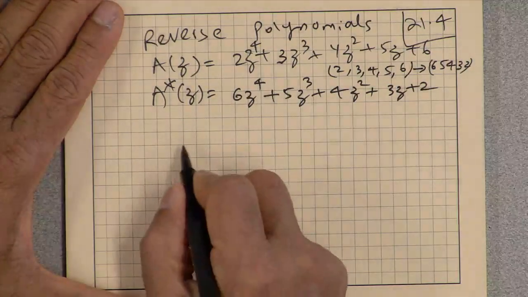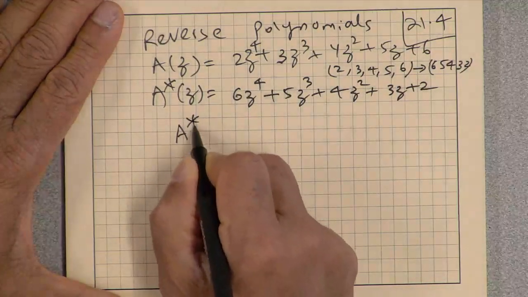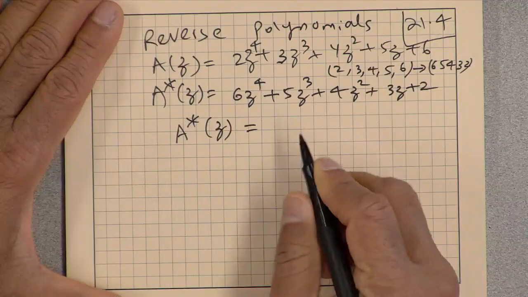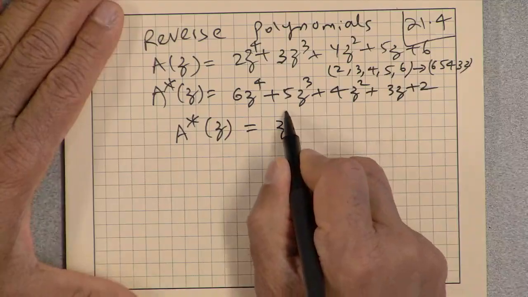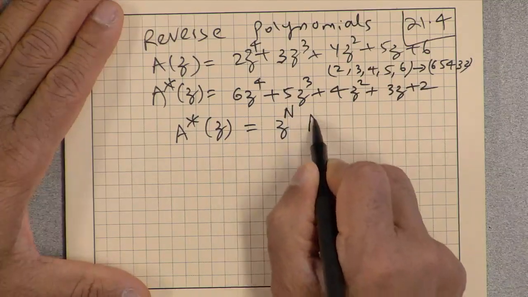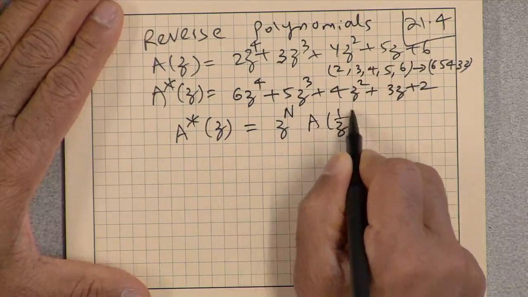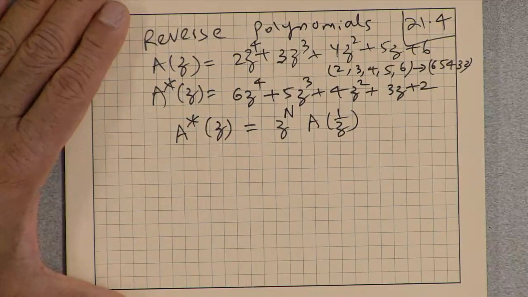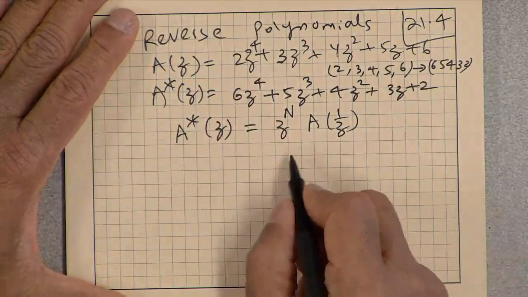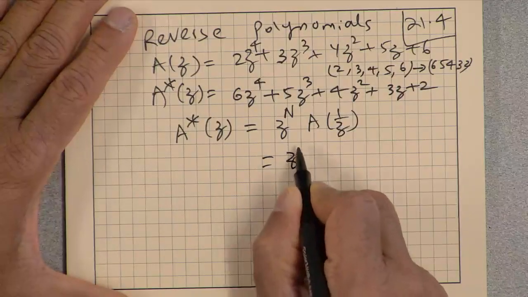Okay, so a formal way of defining the reverse polynomial: A star of z is equal to z to the power n times A of 1 over z. So that is the formal definition, where n is the degree. In this example, the degree is 4.